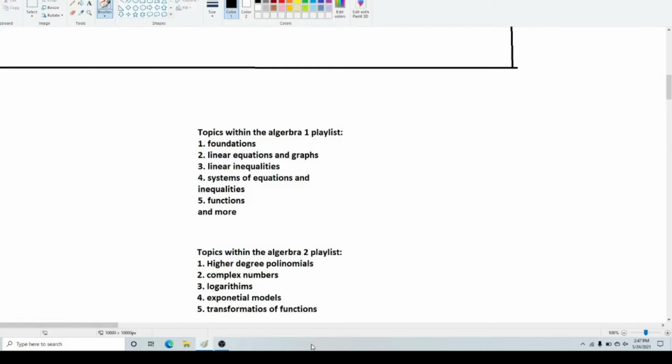in Algebra 1. And then we have the linear equations and graphs. We just talk about lines and how we deal with them. And then we talk about linear inequalities, systems of equations and inequalities, and this should be linear only.